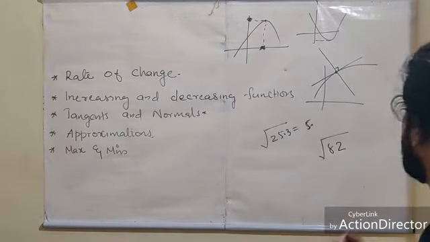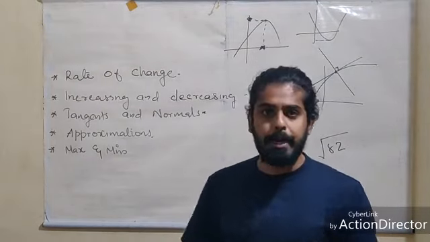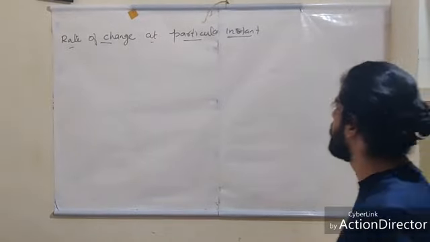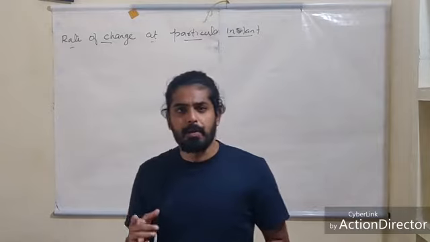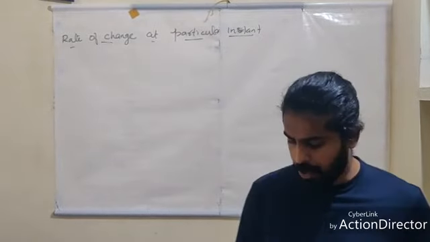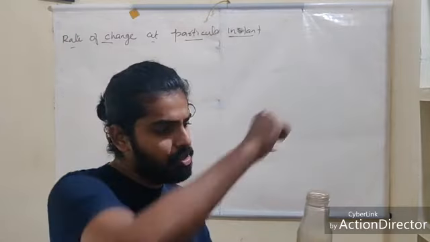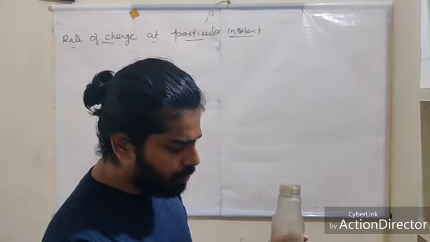So let's begin with rate of change. Let's start with rate of change at a particular instant. Let's take an example. Suppose I have a cylinder, and I am pouring water into the cylinder at a constant rate.